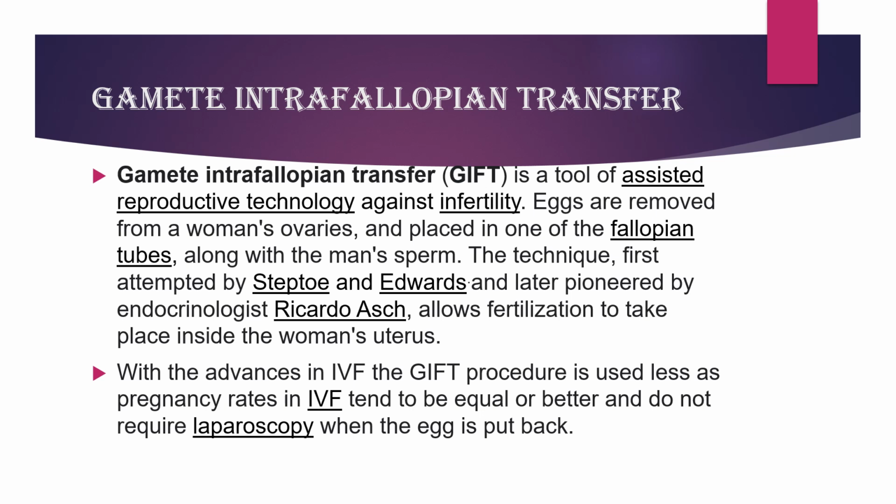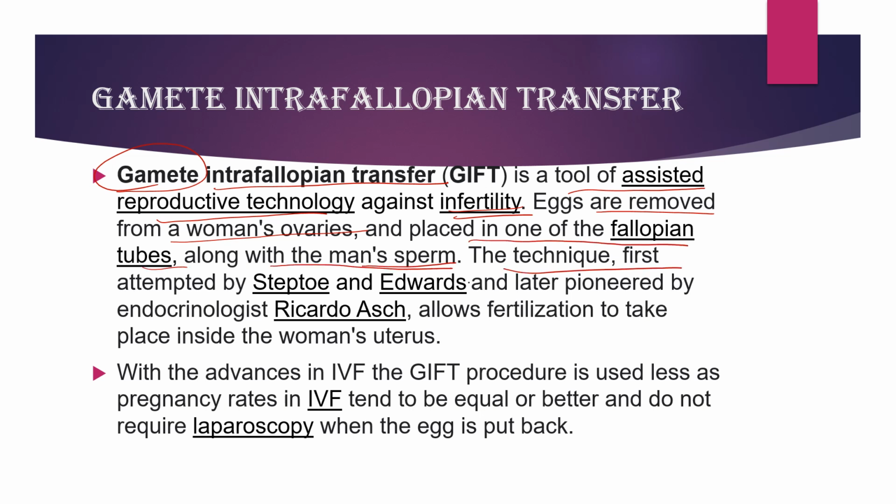Now here is gamete intrafallopian transfer. I have told you in the previous slide, when we were discussing the zygote intrafallopian transfer. So here the gamete is being transferred into the fallopian tube, an assisted reproductive technology against infertility. Eggs are removed from the woman's ovaries and placed in one of the fallopian tubes along with the man's sperm.